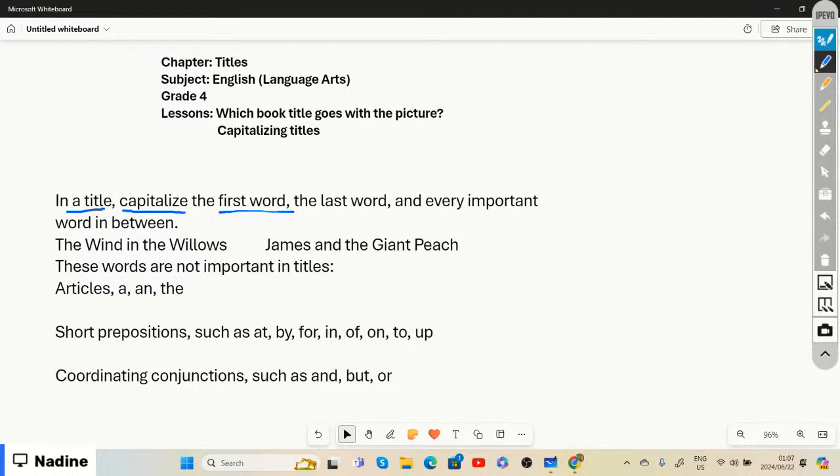We need to capitalize the first word. We need to also capitalize the last word. And we need to capitalize every other word in between. So we capitalize the first word, we capitalize the last word, and we capitalize every other word that is important in between.